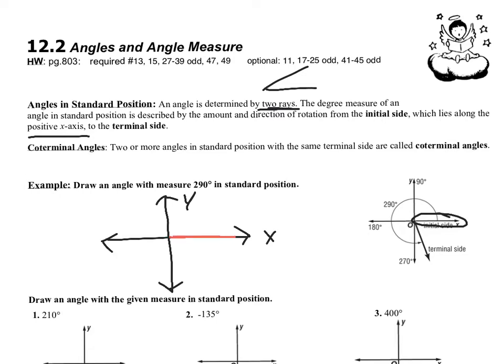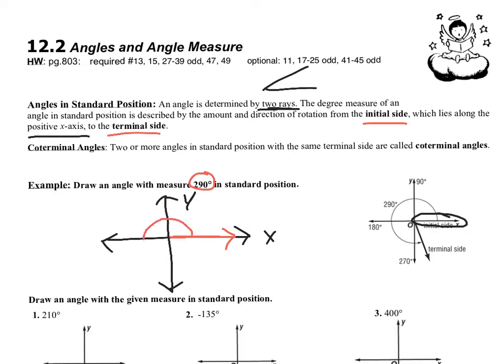So that has to be one of your sides. That's called the initial side. And then the other side, which is called the terminal side, is determined by whatever the angle is. Alright, so if the angle is positive, you go counterclockwise. So if it's positive, you go this way.